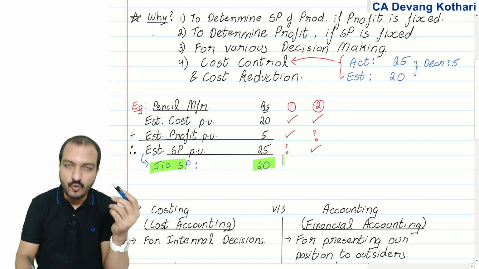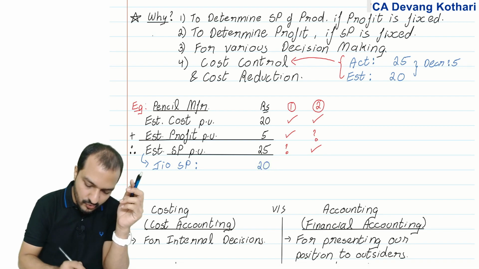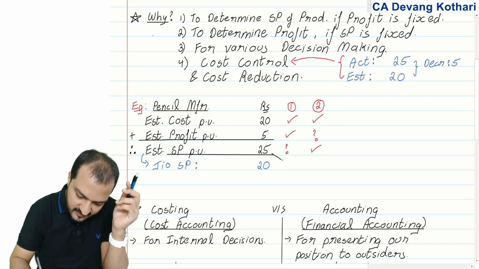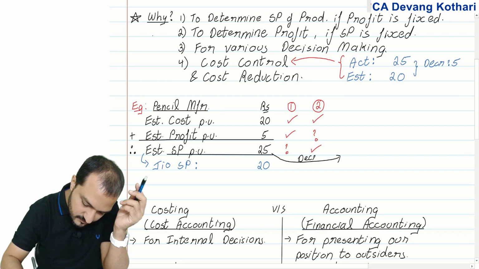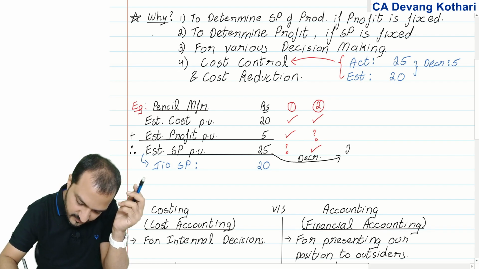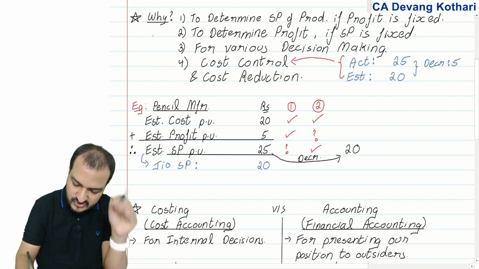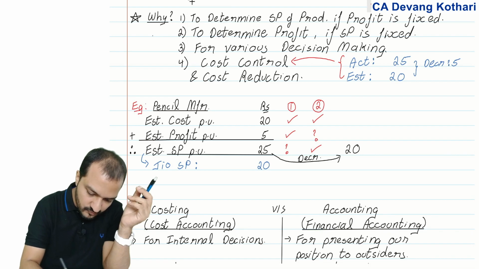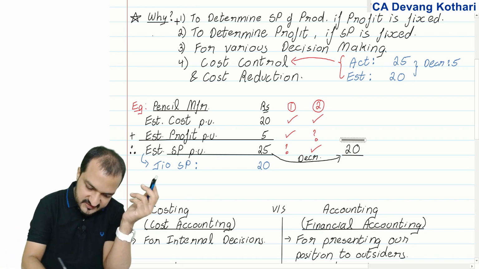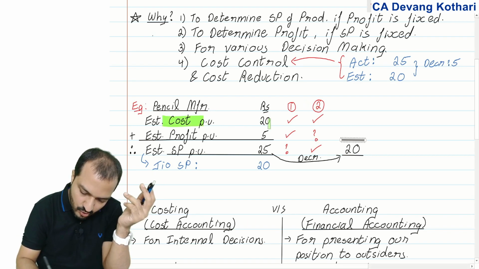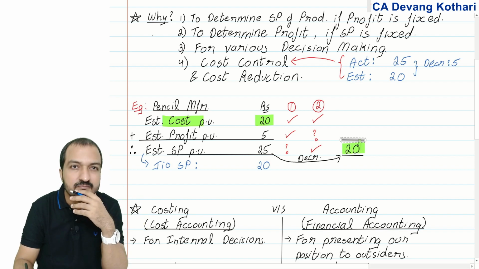Now, in that case, what do I need to do? Don't you think I need to decrease my selling price and bring it down to 20? But tell me, with the existing cost of 20, can I afford a selling price of 20?